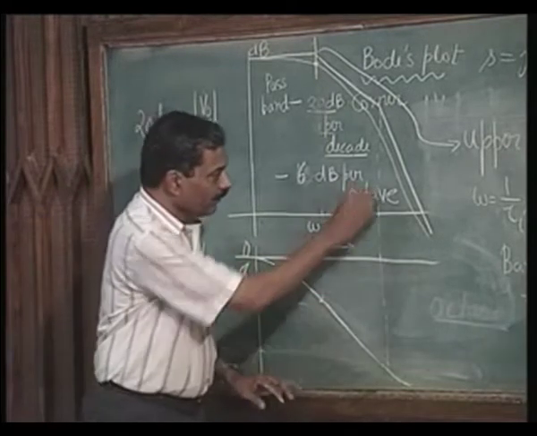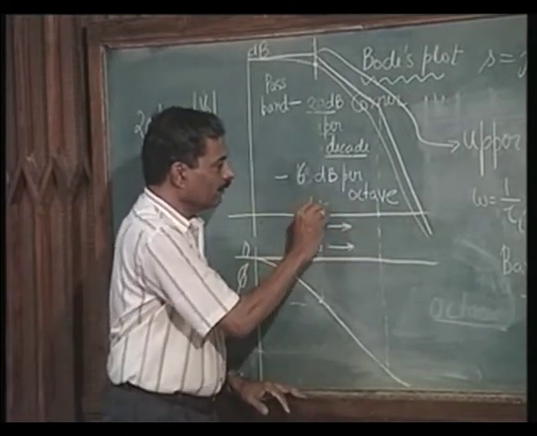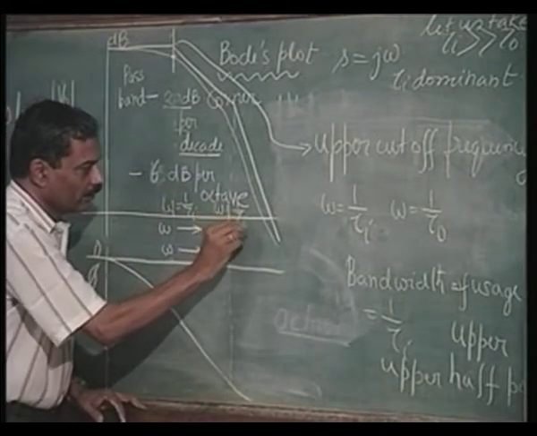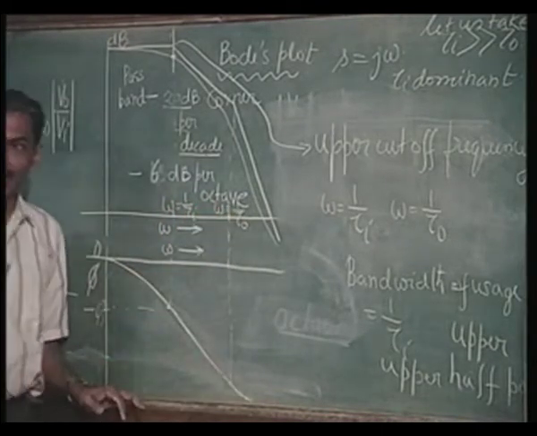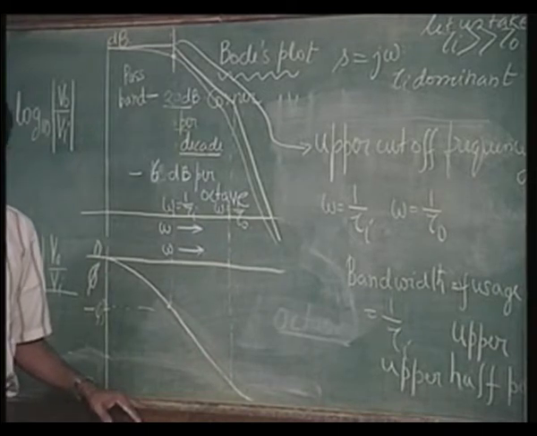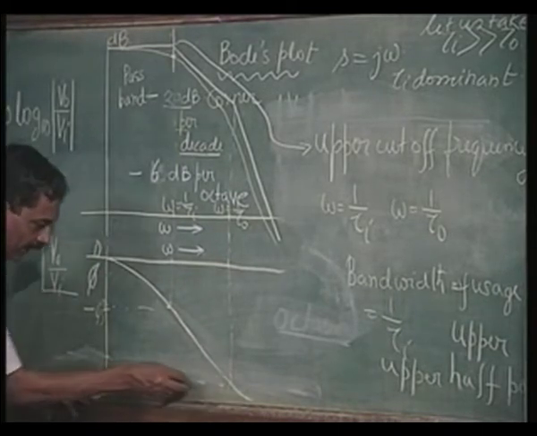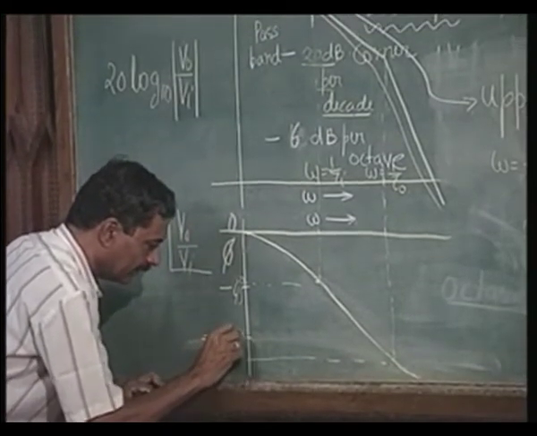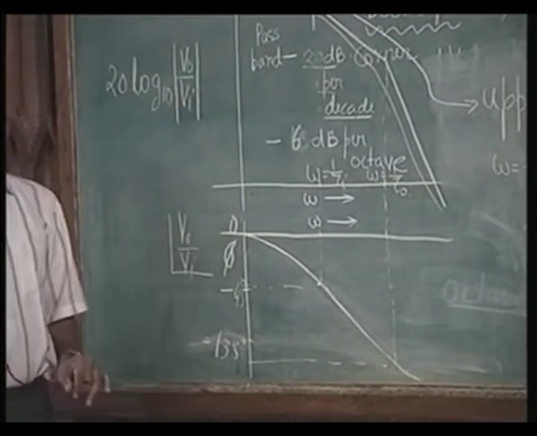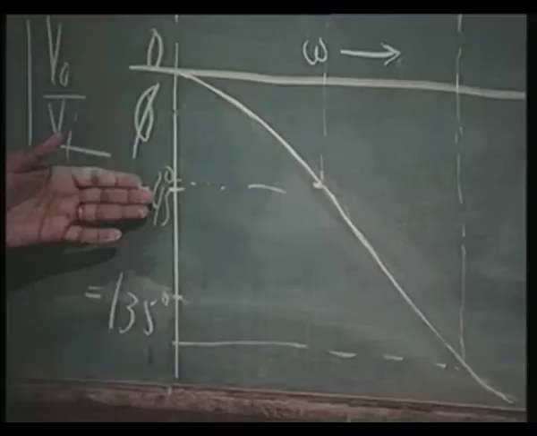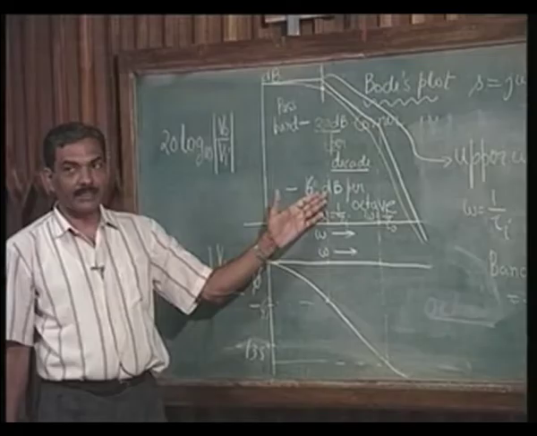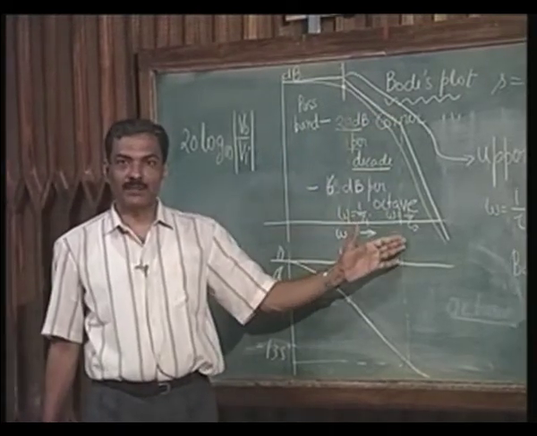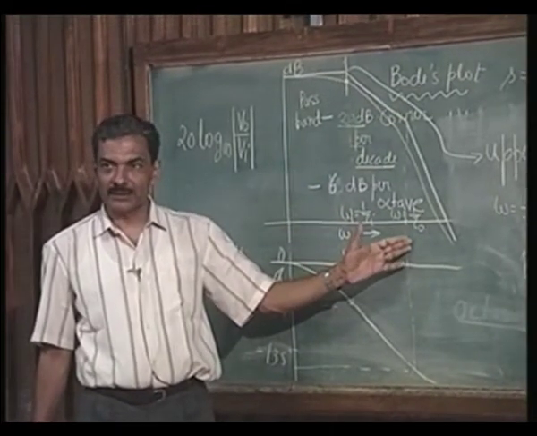Then when we come to other frequency, omega equal to 1 over tau I is this, omega equal to 1 over tau naught is this. At this frequency additional phase of 45 degrees can be given. So, we have a phase shift of minus 135 degrees. So, it is going from 45 degrees at one corner frequency to minus 135 degrees at the next corner frequency.